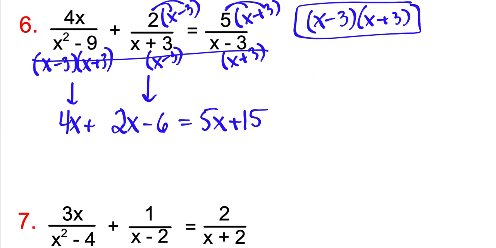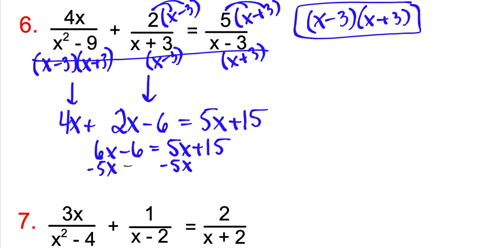So on the left, I have a 6x minus 6. On the right, 5x plus 15. Put the x on the left. Put the 6 on the right. And we'll get x equals 21.